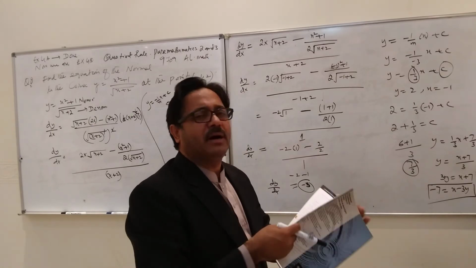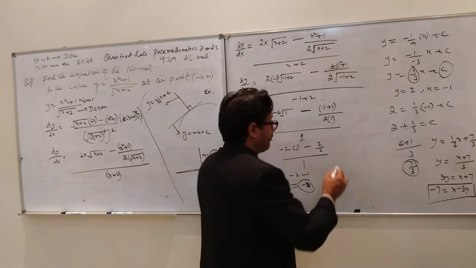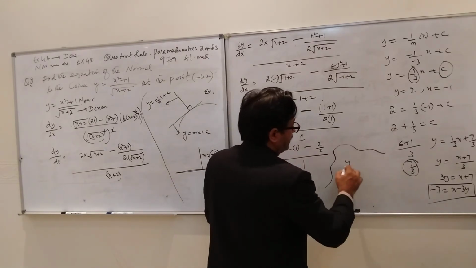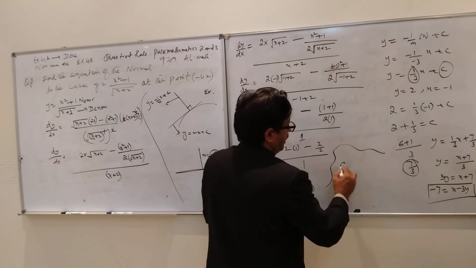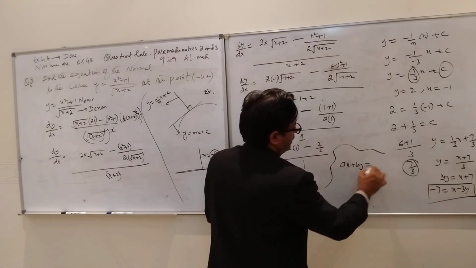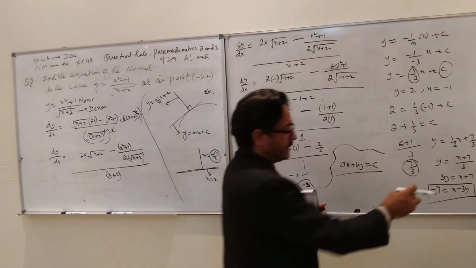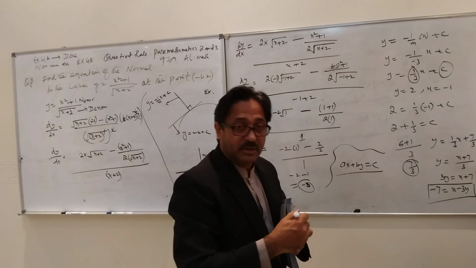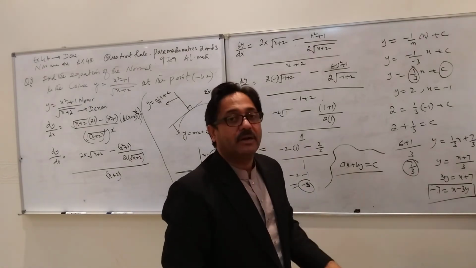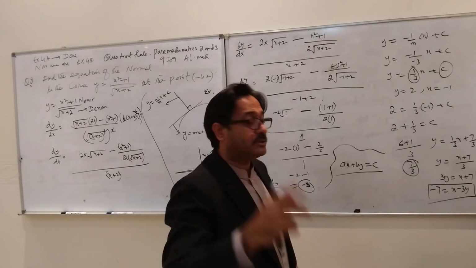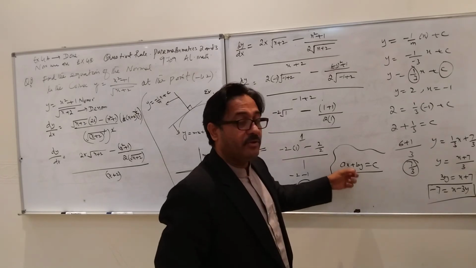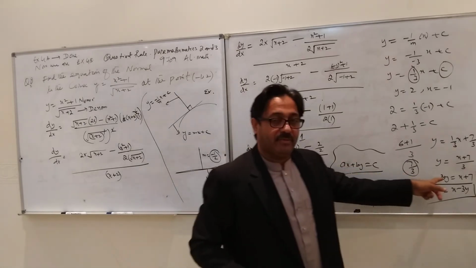Usually we give the answer in this form, that's a very important thing: ax + by = c. So it's better to give the answer in that format. That's also correct because in the book they have given that. So it's not incorrect. But if they ask you to give the answer in this form, then give the answer in this form, not in that form. It should be clear.